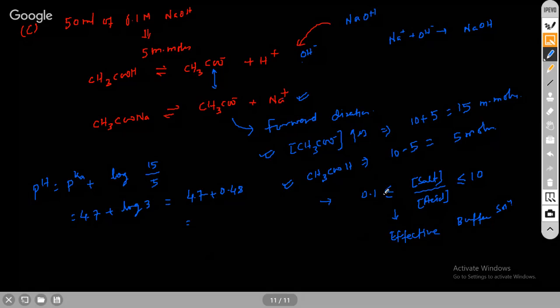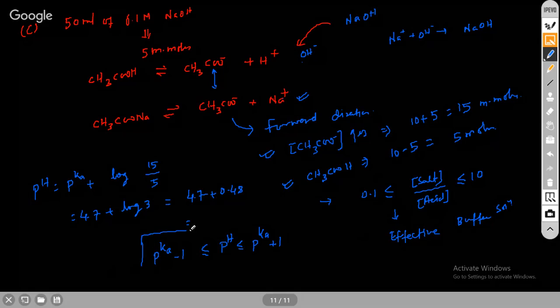And with this, you'll get the range of pKa. You can find it with the formula pKa minus 1 less than or equal to pH less than or equal to pKa plus 1.